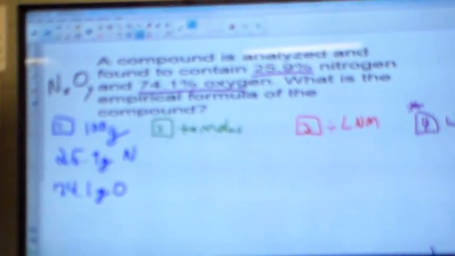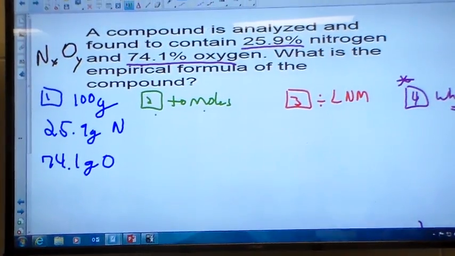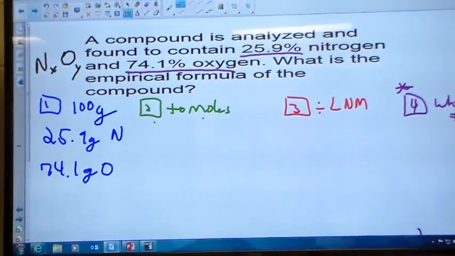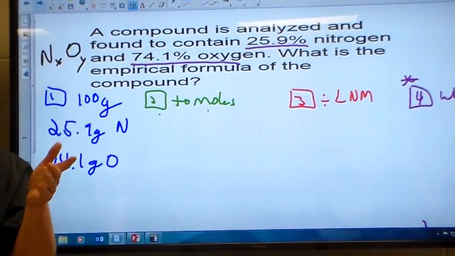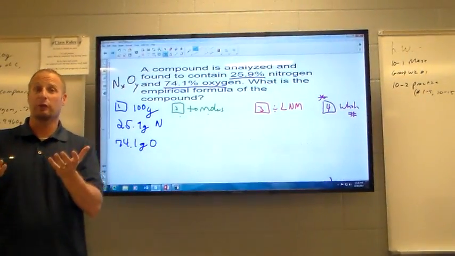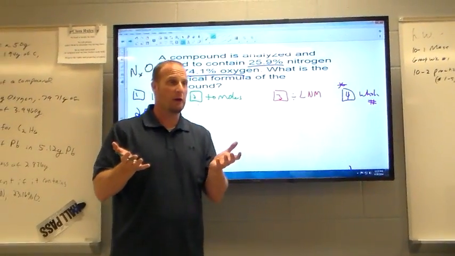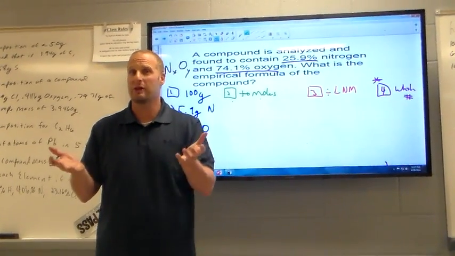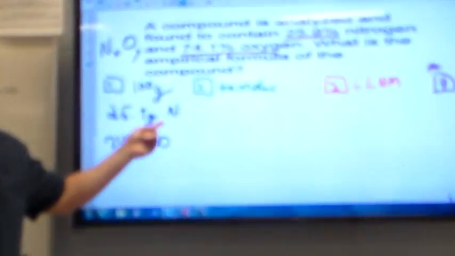Okay? All right, so assume 100 grams. Why would I want to assume 100 grams? We went over percents yesterday. Percent means part to the whole out of how many? 100. Part to the whole out of 100. So if I have 100 grams, and 25.9% of that 100 grams is nitrogen, how much nitrogen do I have? 25.9 grams.